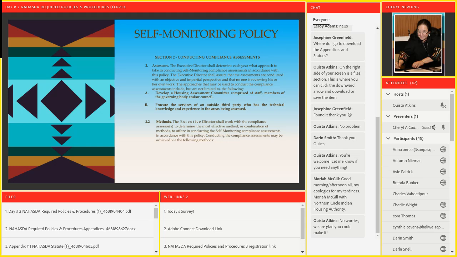So your self-monitoring assessment, you should probably have your legal staff look at that. Make sure that there are the proper forms in there. Make sure it's advertised correctly. If they are not board members, tribal council members, employees of your housing entity, or even they would probably be covered as staff members of the tribe, okay?